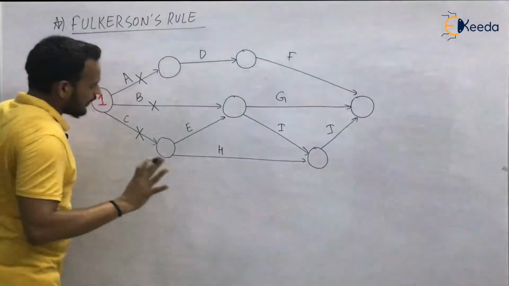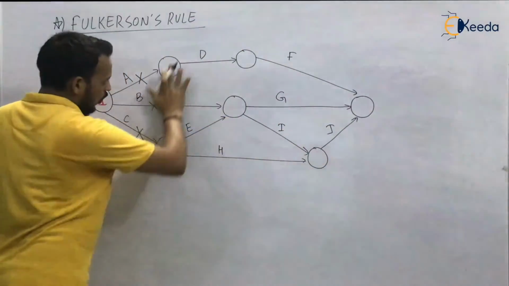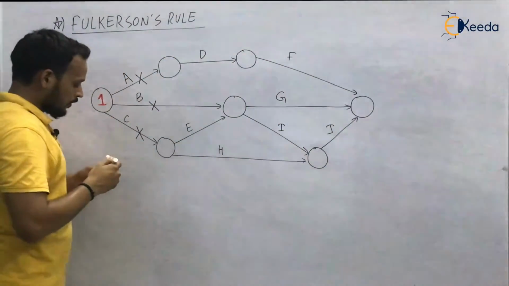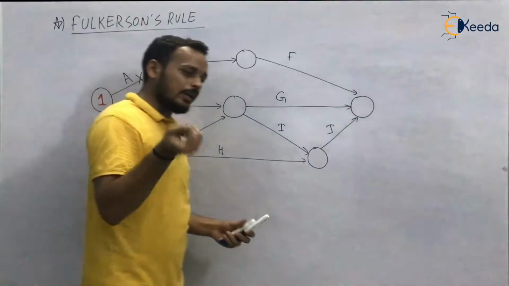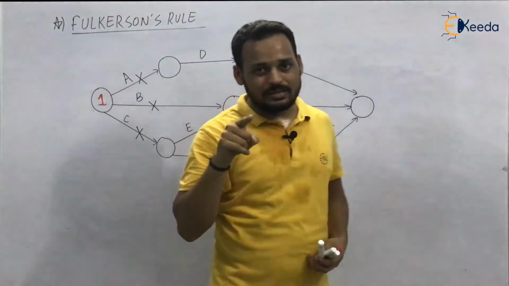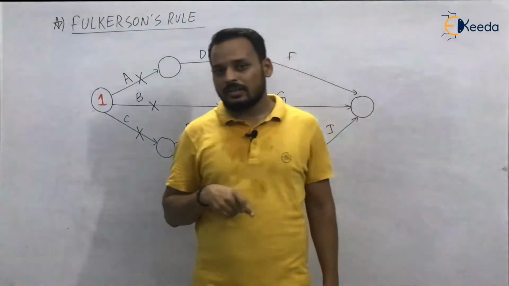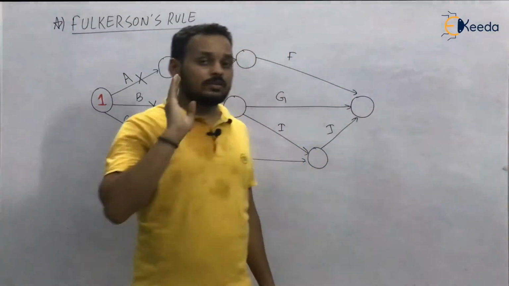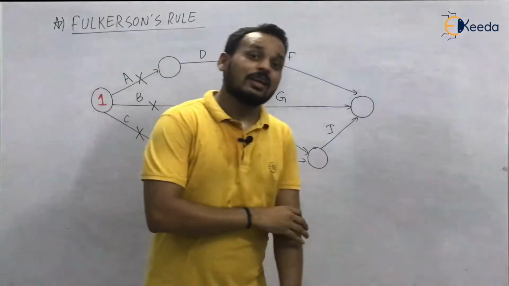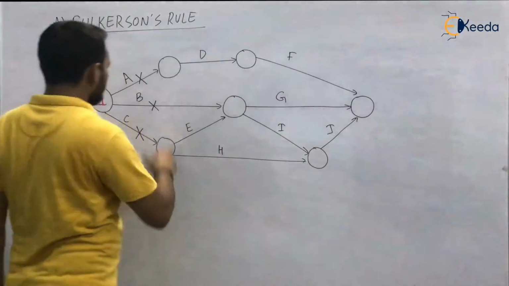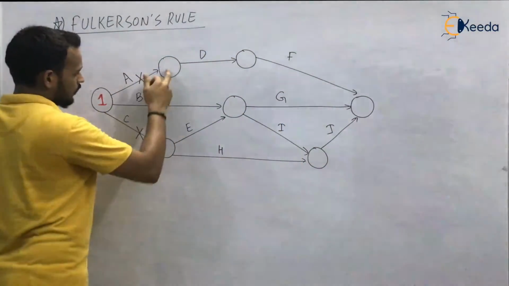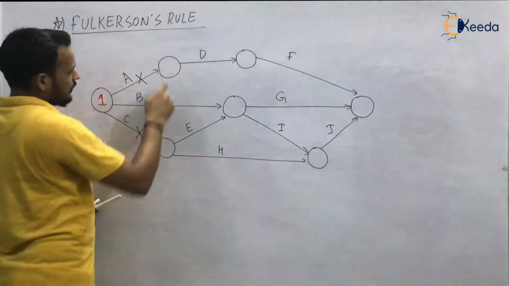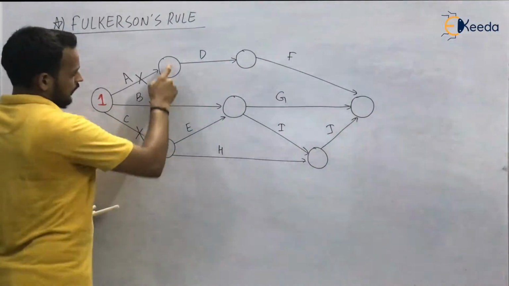Now you are left with these following nodes. Now you have to number them, so again go to the first rule. It says name the event which does not have any incoming activity. Look at both of these and this one.